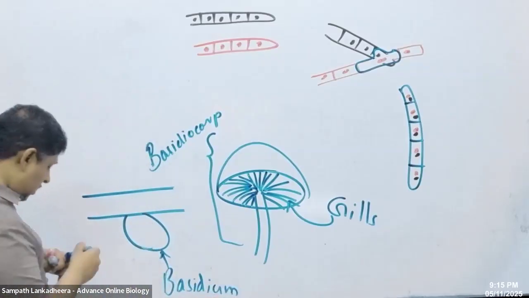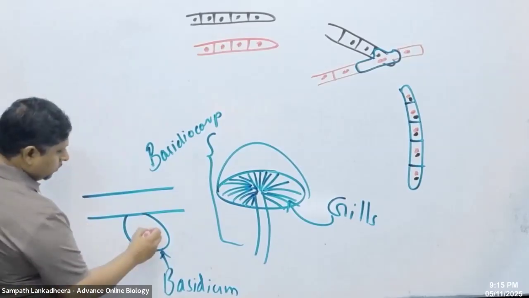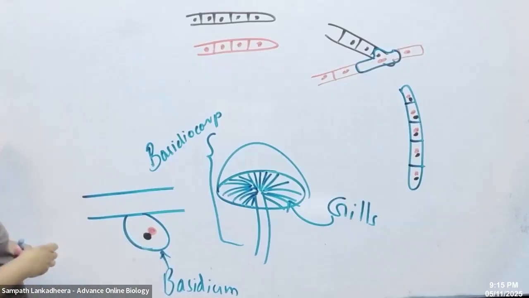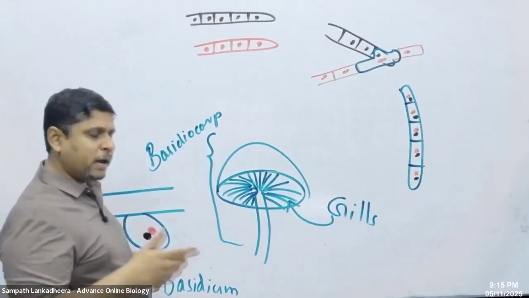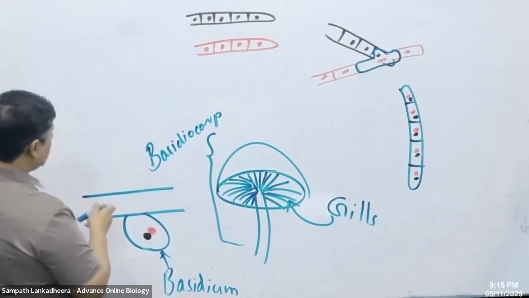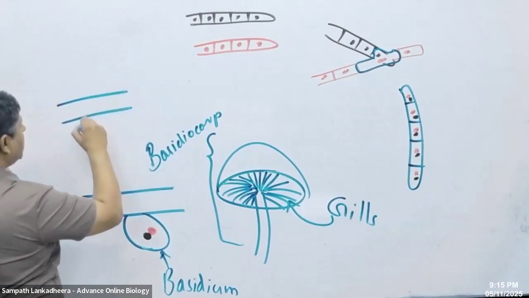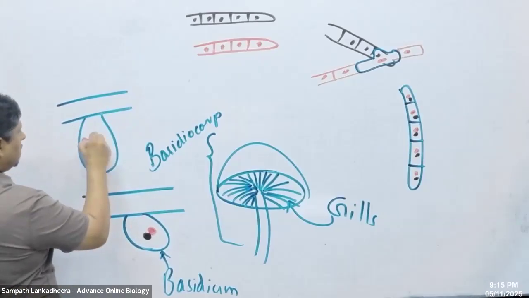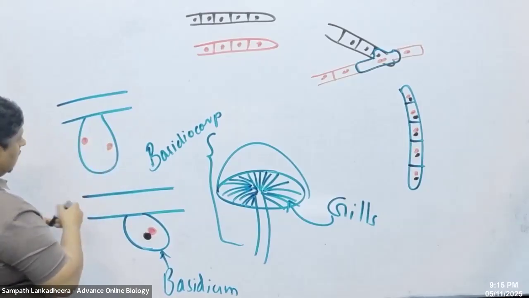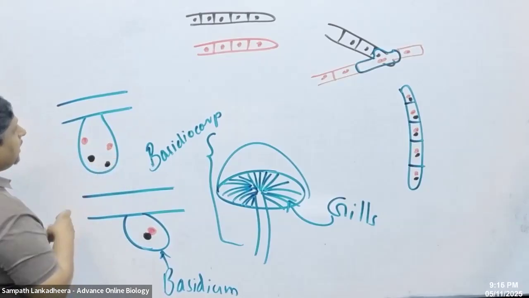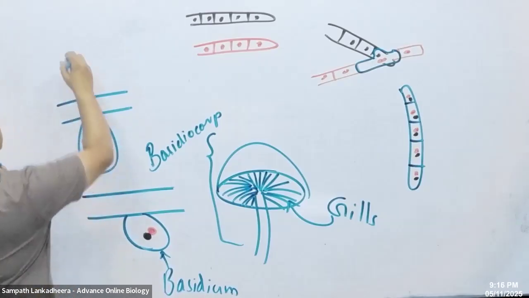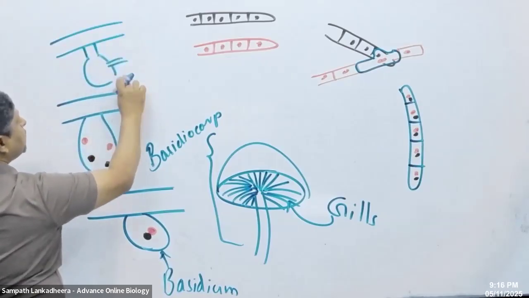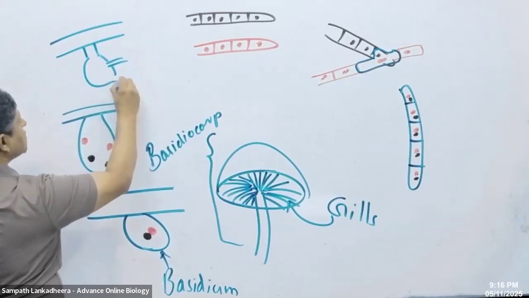And here you can see, people, those two nuclei present. They unite, fuse, and undergo meiosis. By meiosis, they form 4 nuclei. These 4 nuclei arrange into spores by growing outward like this.